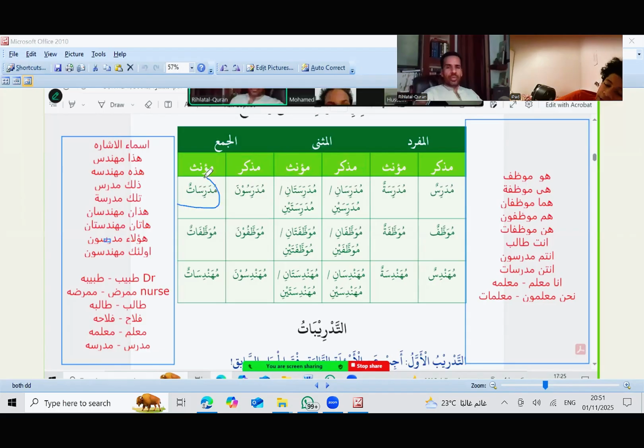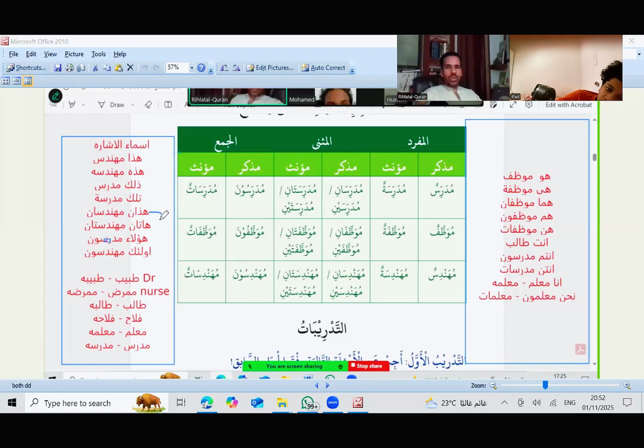Take a word of these, like the word طبيب. What does tabib mean? Doctor. Let's say, like using all of these demonstrative pronouns quickly with the word tabib, using the singular, the dual, and the plural. هذا طبيب. Okay. هذه طبيبة.